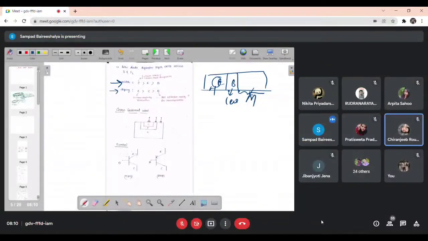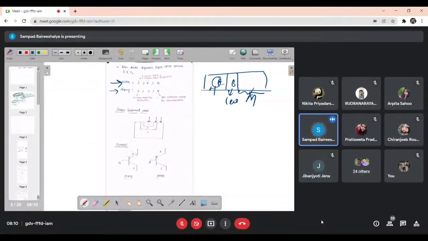Okay, so this is just a cross-sectional view. As I told, if you go for its construction, it means how it is constructed. If you go for a depth study of this, you will understand this is nothing but a sandwich. Already I told you, the transistor is a three-terminal device, and here P-type is sandwiched between two N-type, or N-type is sandwiched between two P-type.